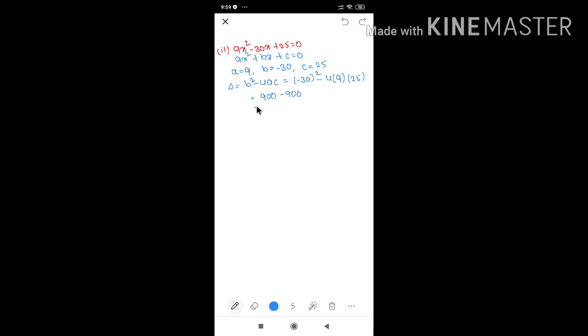So both are same, we are getting delta value 0. Therefore, we can conclude roots are real and equal. Roots are real and equal.